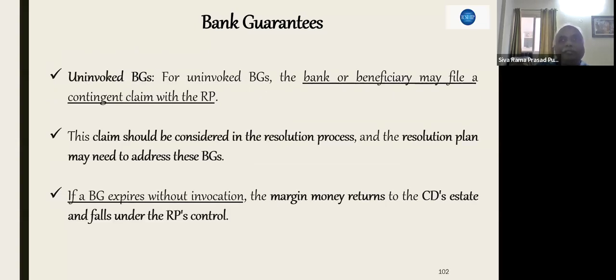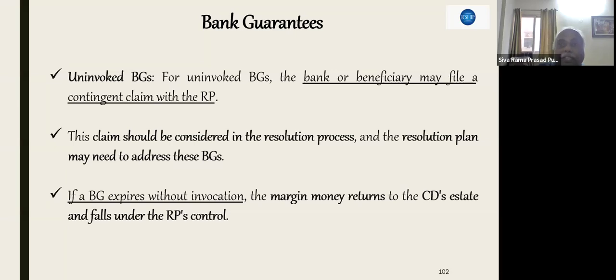That is for invoked bank guarantees. For uninvoked ones, some guarantees during CIRP, nobody will invoke. In that case, for uninvoked bank guarantees, the bank or beneficiary may file a contingent liability with the resolution professional. The bank tells the RP, boss, this is a contingent liability.